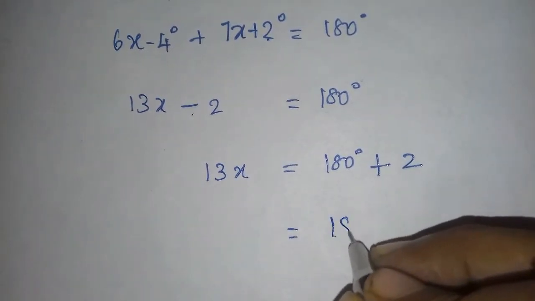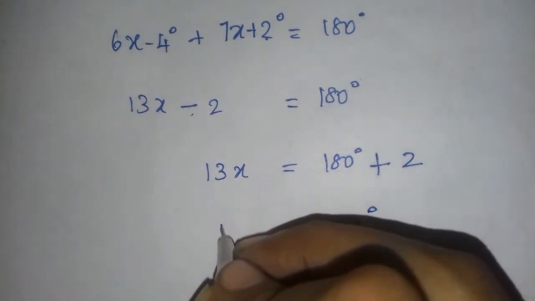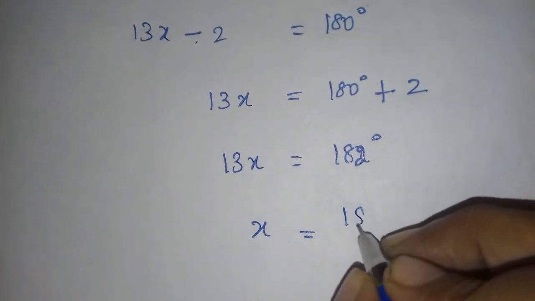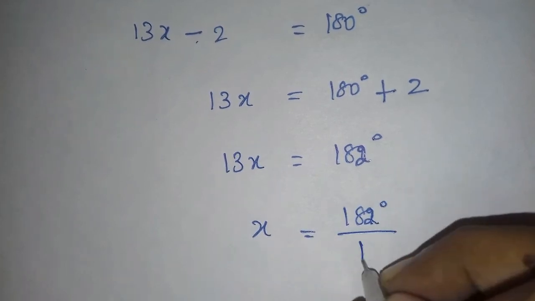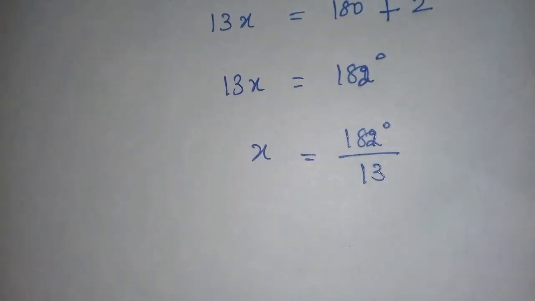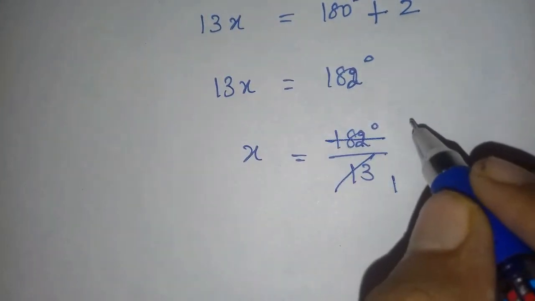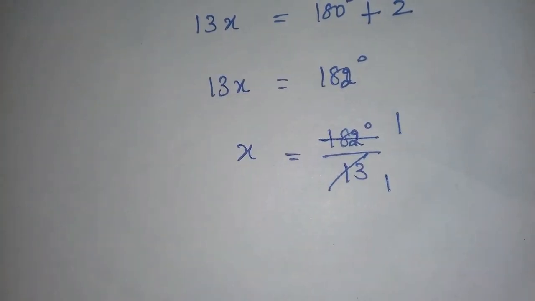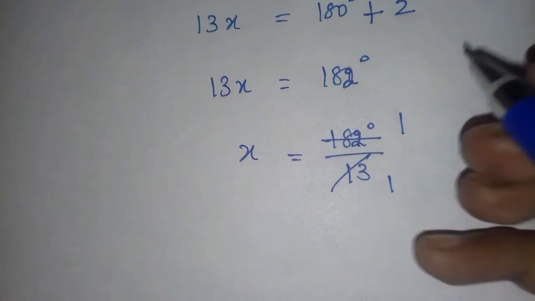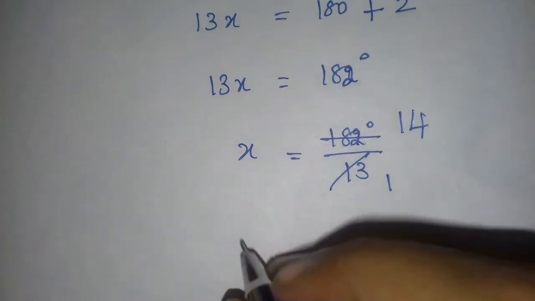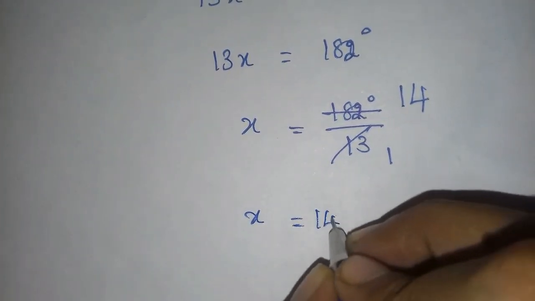That is equal to 182 degrees. 13x is equal to 182 degrees. That is x is equal to 182 degrees divided by 13. If you cancel, what will you get? 13 once is 13, the next remaining is 52. So 52 will go for 13 in 4 times. 13 4s are 52. So 14. x is equal to 14 degrees.